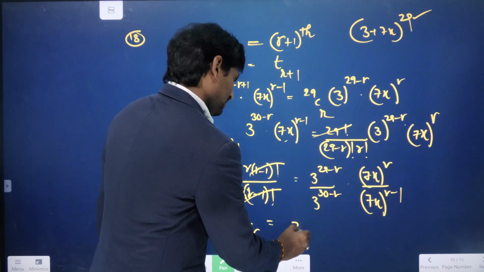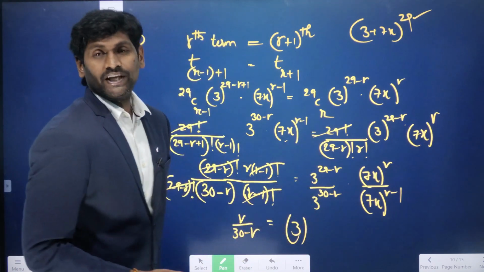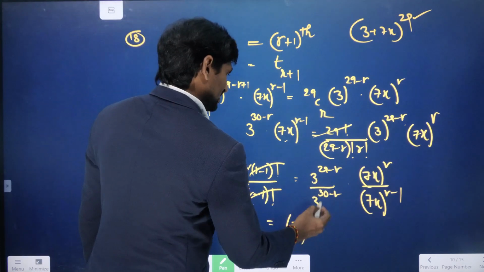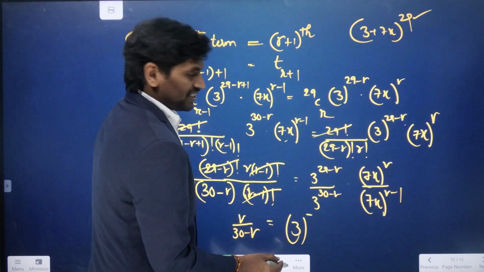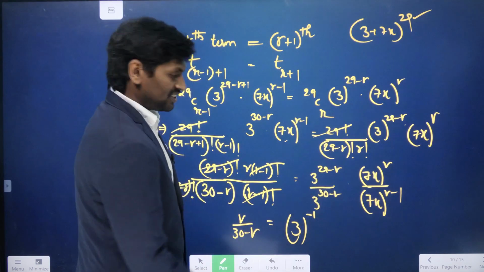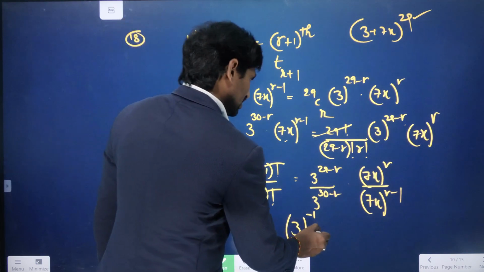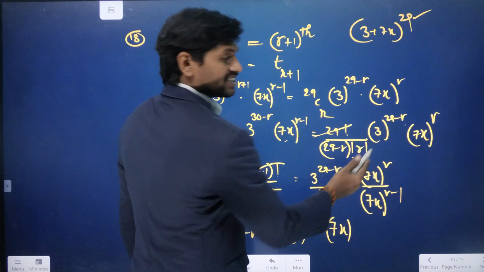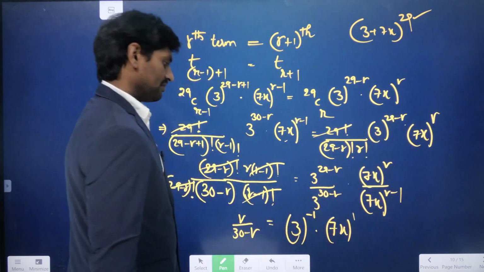Okay, this one: a power m by a power n is a power m minus n. So this will be 3 power 29 minus 30, which is nothing but minus 1. Here minus r plus r can be cancelled. This is 3 power minus 1 only. Now this one, 7x whole to the power of r, minus r can be cancelled, here plus 1. Okay?